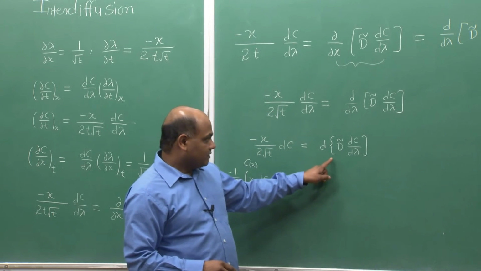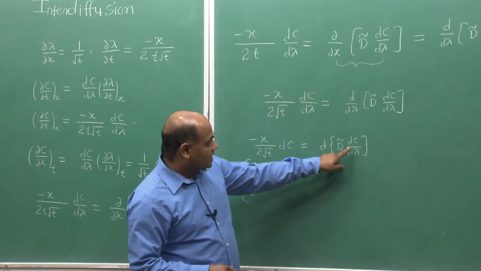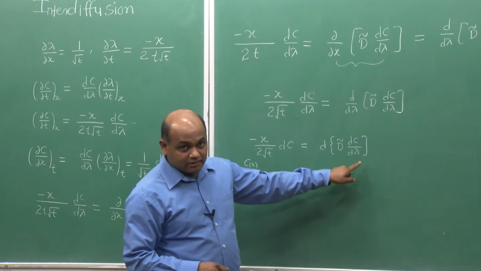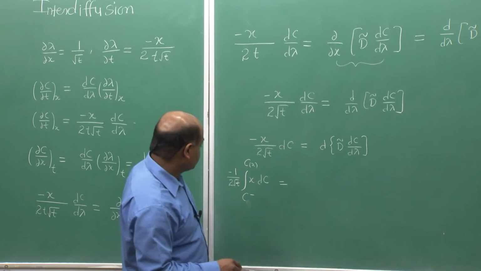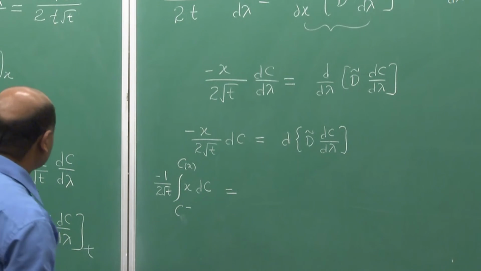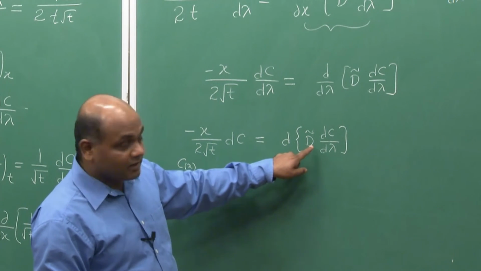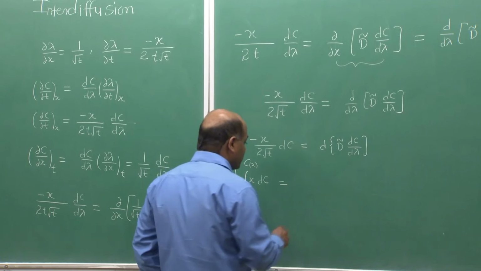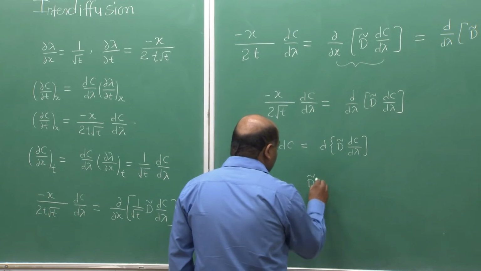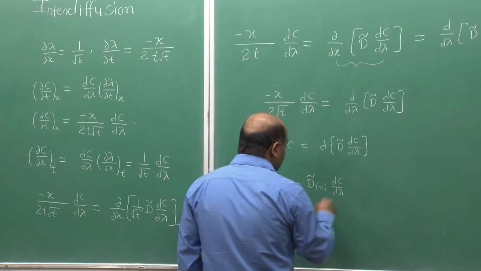now if we see on the left terminal alloy, the value of D tilde times dc/dλ would be equal to 0, and at c at x it should be equal to D tilde at that particular composition, which is at x, times dc/dλ. So, we write this D tilde at x times dc/dλ.